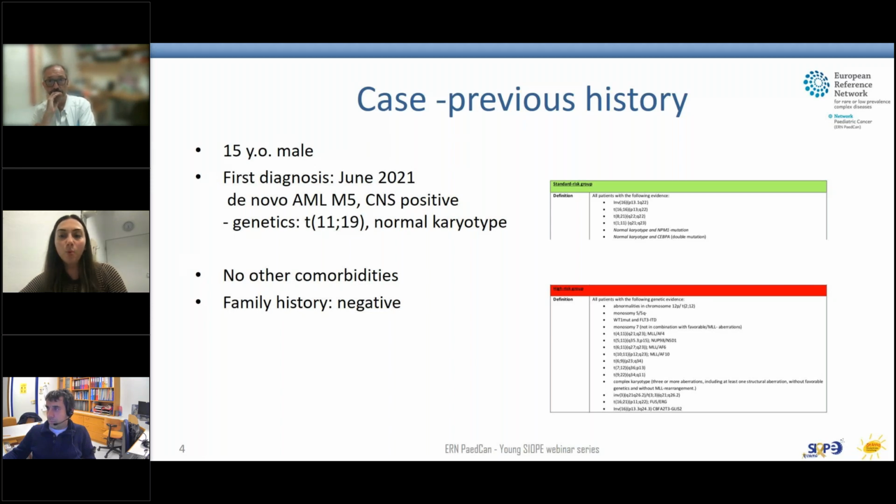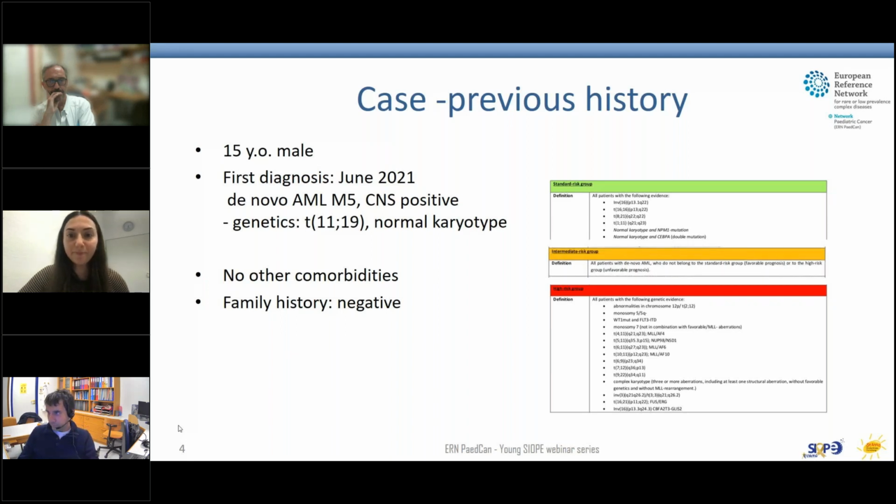Yeah, so we have the table with the green box and the red box. So it's the standard risk and the high risk criteria. And then we click once more and we can see the intermediate risk group. You can see that, right? Yes. So our patient did not have any kind of standard or high risk criteria. That's why he was stratified for the intermediate risk group.